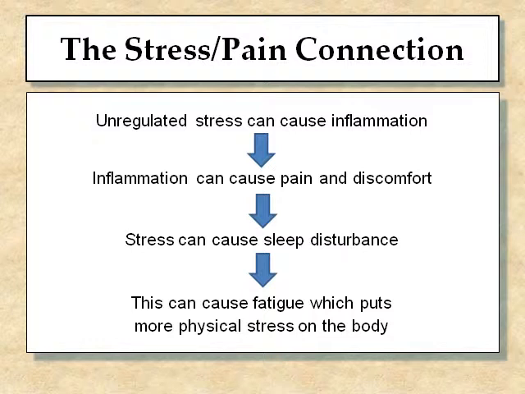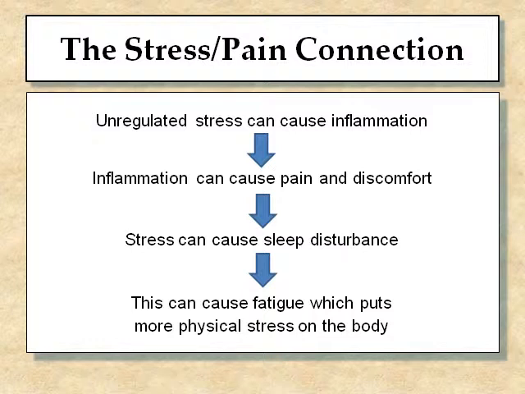Inflammation can cause pain and discomfort, and also remember that there's inflammation as part of the MS process that we talked about last week. There's a connection with the MS and inflammation, which is why some of the medications that help with inflammation also help with symptoms, like cortisone or the steroids.